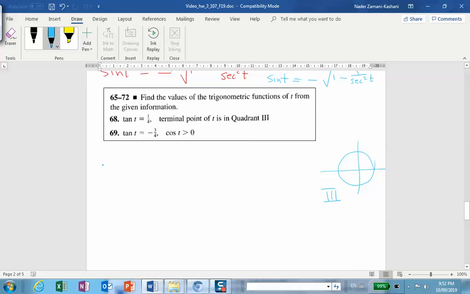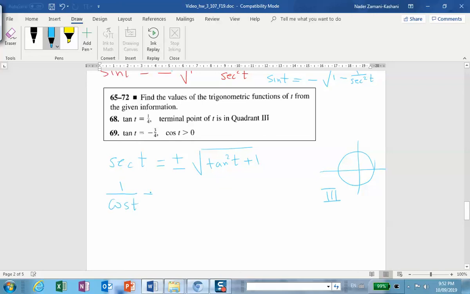Okay, so let's see now. We know that secant of t is equal to plus or minus the square root of tangent squared t plus 1. However, the meaning of secant is 1 over cosine of t.